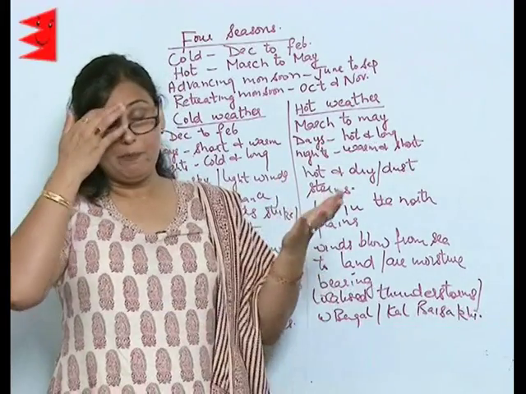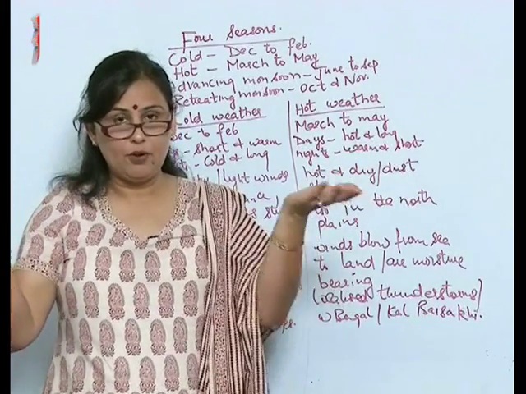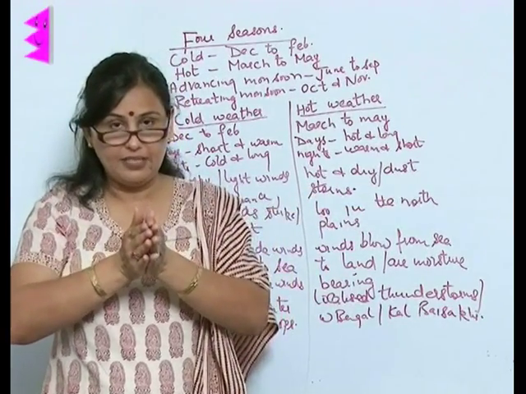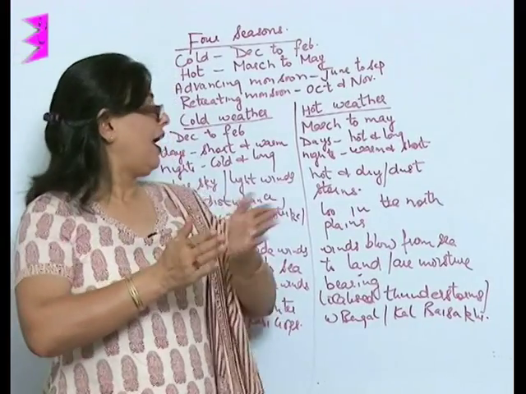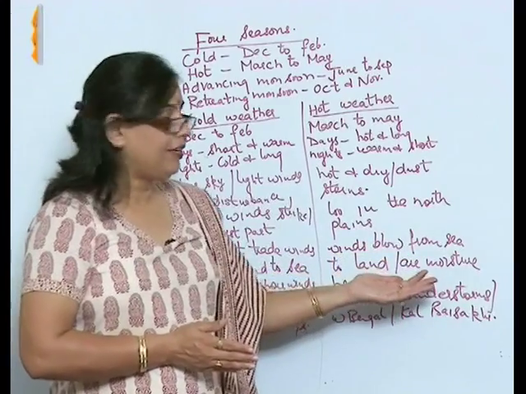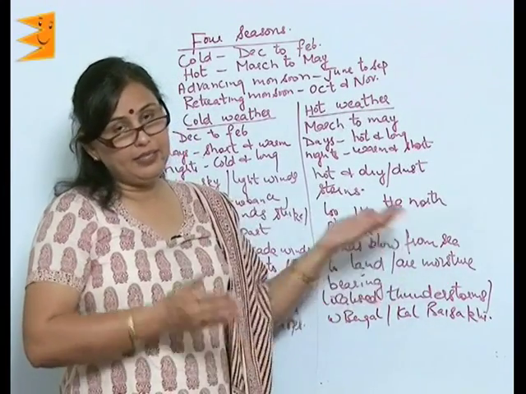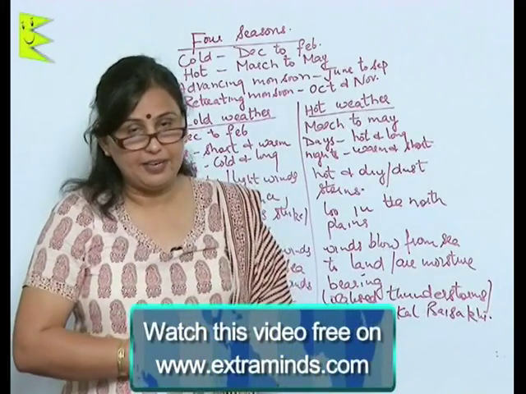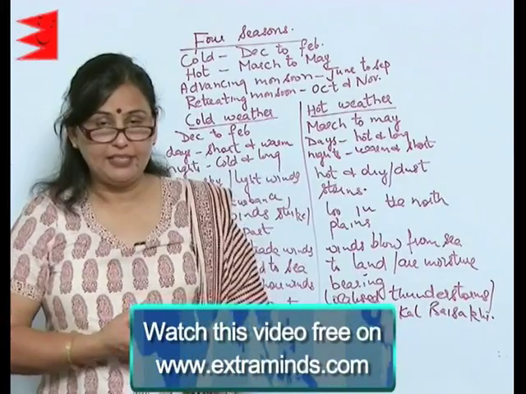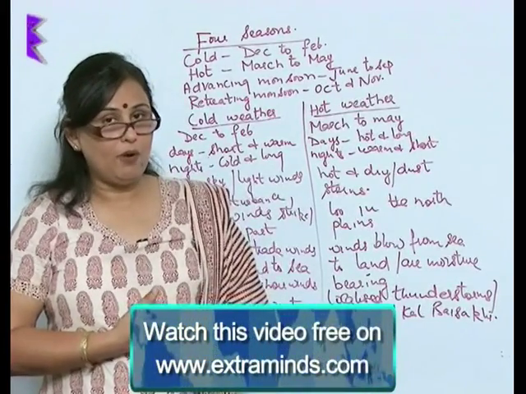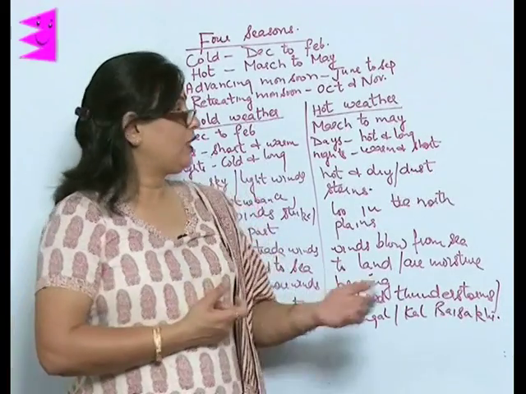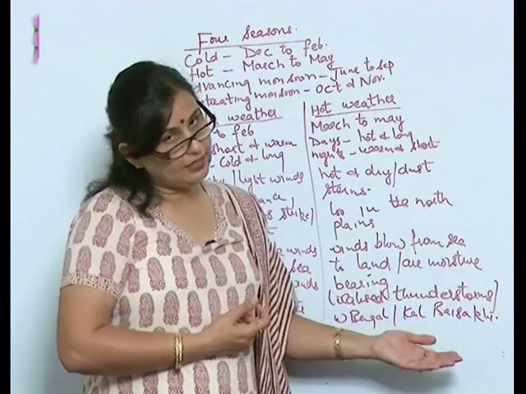So, if you just want to remember both the seasons, remember their contrast to each other, whether it is the months or the difference in the nights and the days that we have, or the kind of winds which blow, or what is experienced by the people, and the two characteristic features that I talked about: in the winter season I spoke about the winter rainfall, and in the summer the localized thunderstorms.